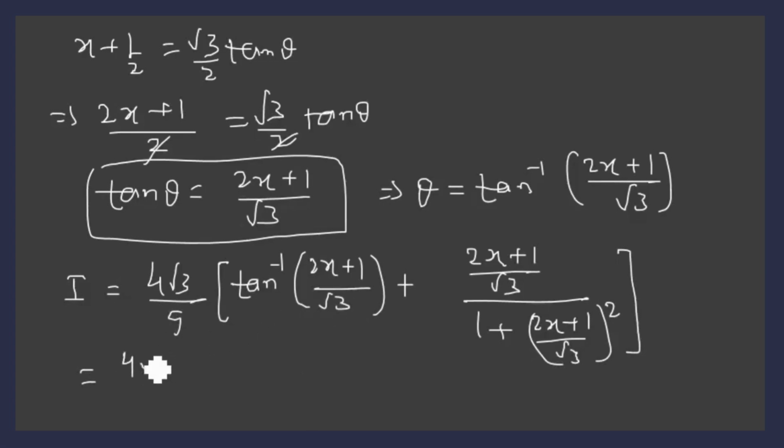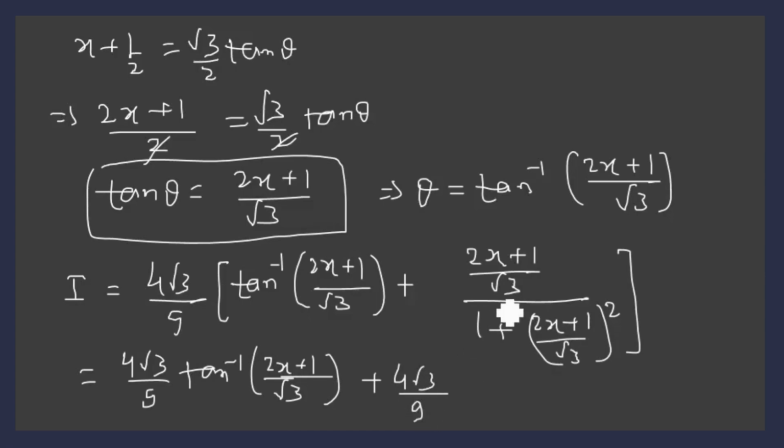So this is 4 root 3 by 9 tan inverse 2x plus 1 by root 3, plus 4 root 3 by 9 times, if you simplify, 1 by root 3.